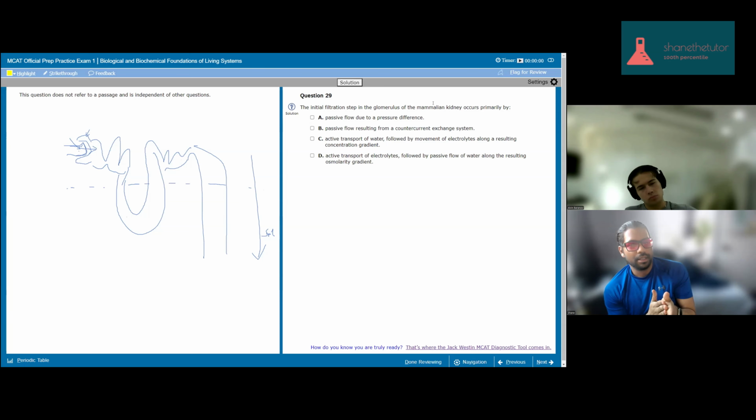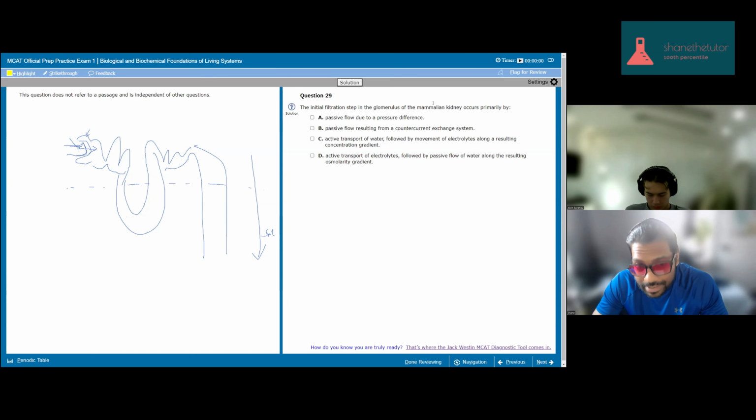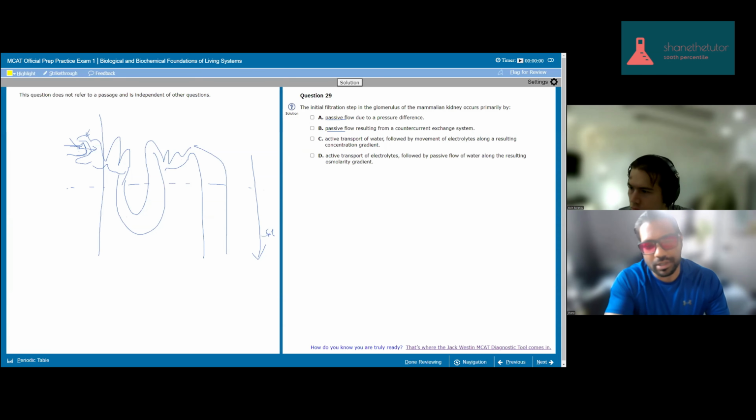Well, when I say forces it through, it makes it sound active, but it's passive flow. So you had the right idea in terms of passive flow, and for the countercurrent exchange part, except for the parts that are active transport. Here it's passive because of the pressure difference.